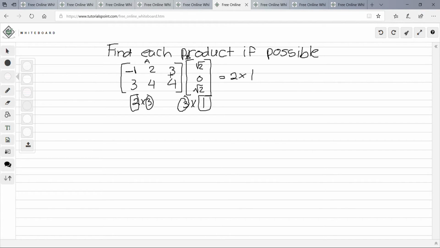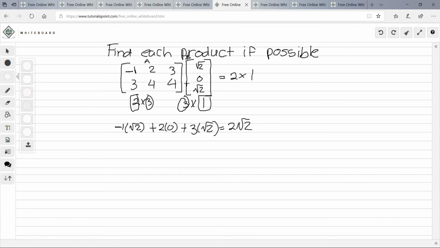So I'm going to multiply this row by this column. So it's going to be negative 1 times square root of 2 plus 2 times 0 plus 3 times square root of 2. And that's going to give me 2 square root of 2.